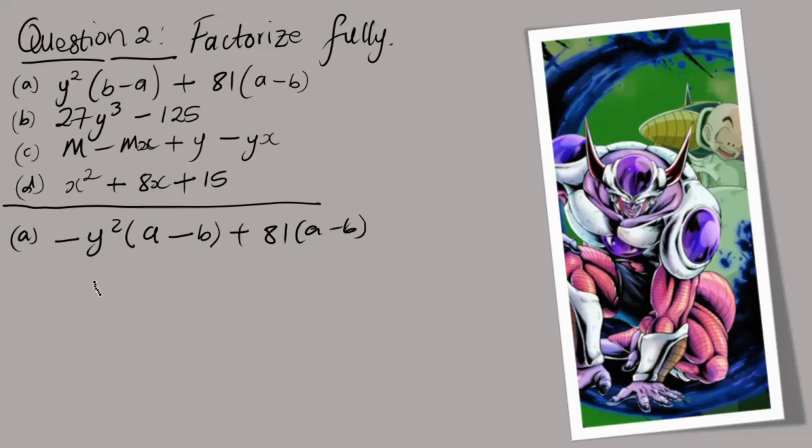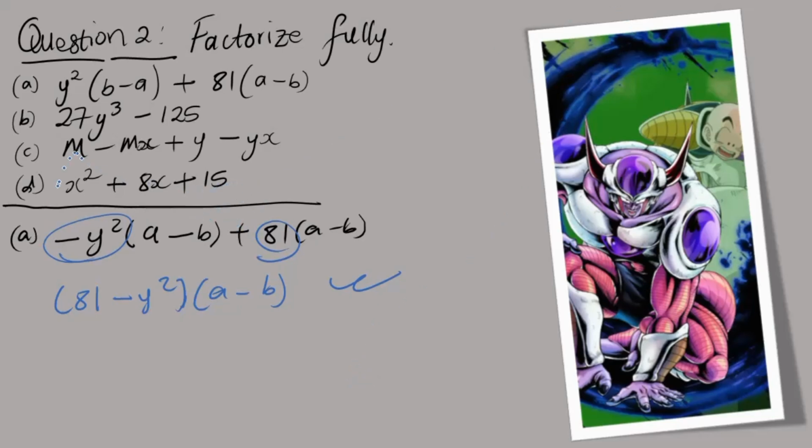Now I have the same brackets. Then the terms that are outside the bracket, I will group them in one bracket, so I have (81 minus y squared), and the brackets that are the same, I'll represent with one bracket, (a minus b). So there's your 2 marks.